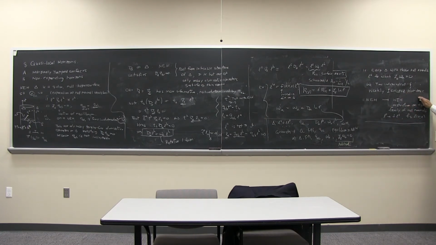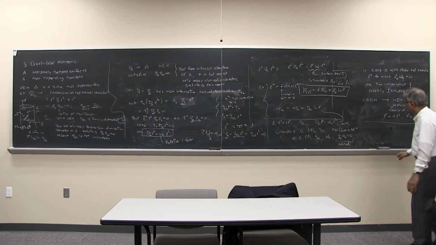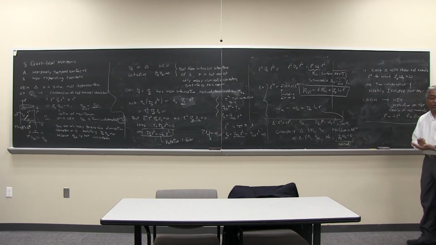You can always do this. And this is important because all the laws of black hole mechanics that people proved for stationary spacetimes, you don't need stationarity. All you need is these weakly isolated horizons. And then they're actually valid. Also, in one stroke, you can have cosmological horizons and black hole horizons.